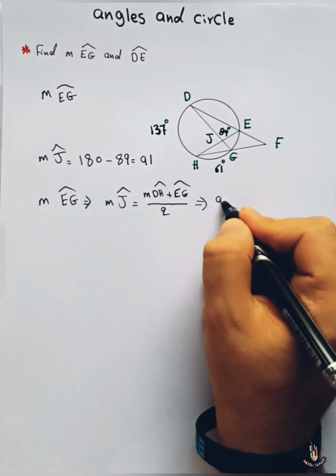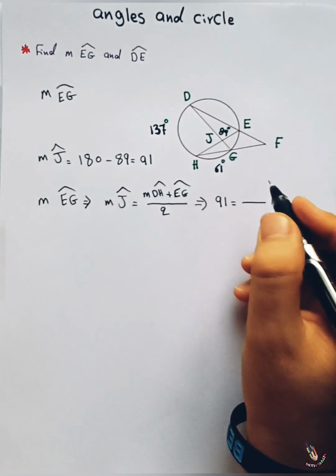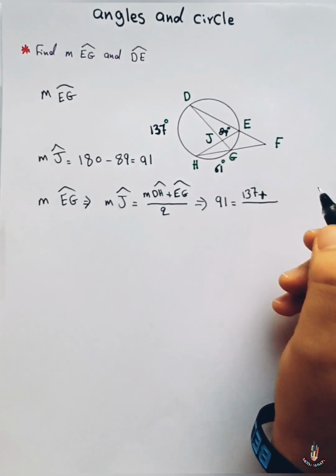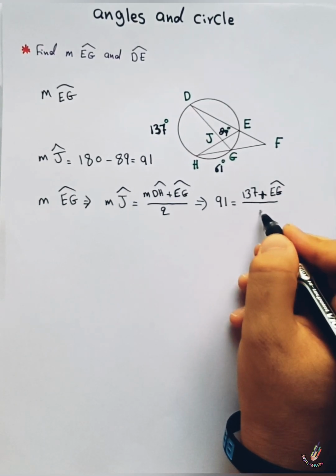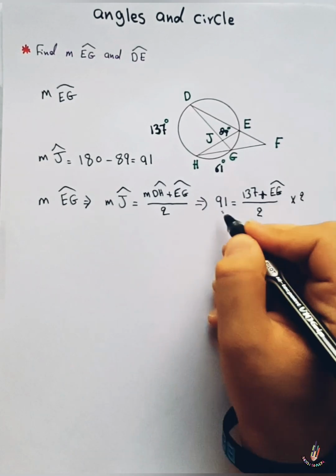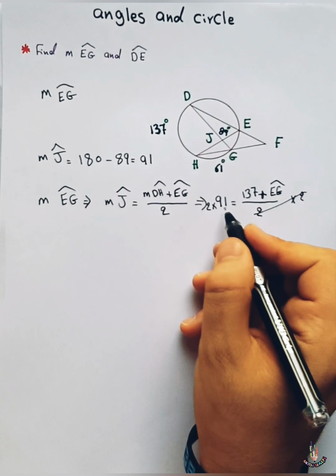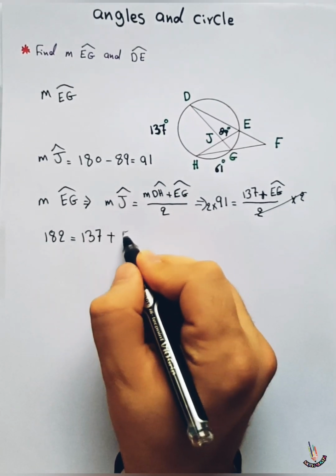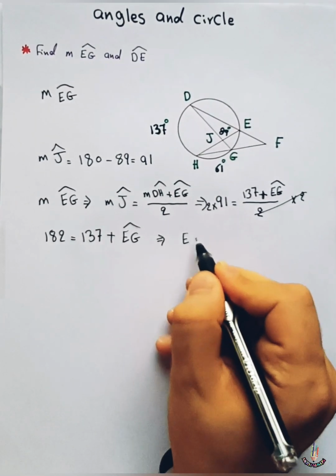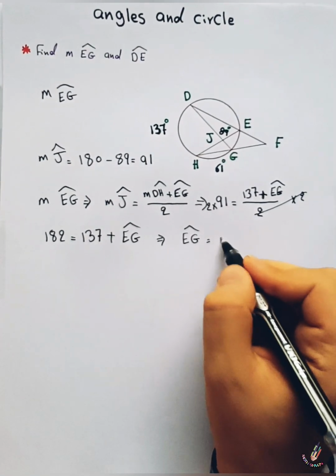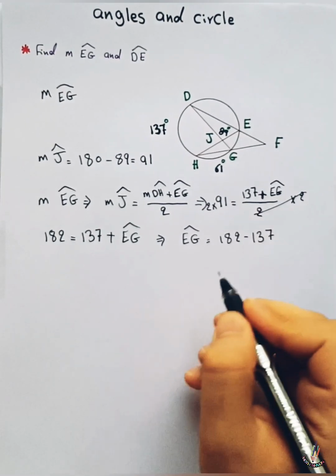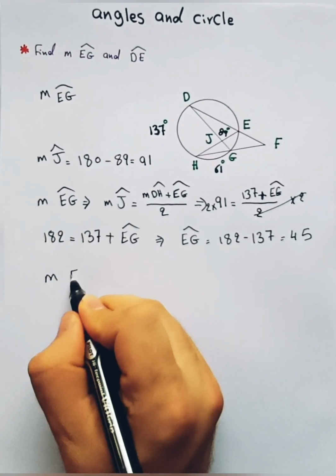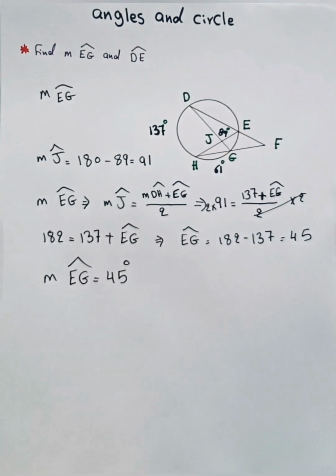So the measure of J is 91 equal to the measure of DH is 137 plus the measure of EG, which we don't know, divided by 2, and then you have to multiply both sides by 2. So these two 2's are cancelled. 2 times 91 equal to 182. So 182 equal to 137 plus EG. So for finding the value of EG, we have to subtract 137 from 182. 182 minus 137 equal to 45. So the measure of EG equal to 45 degrees.